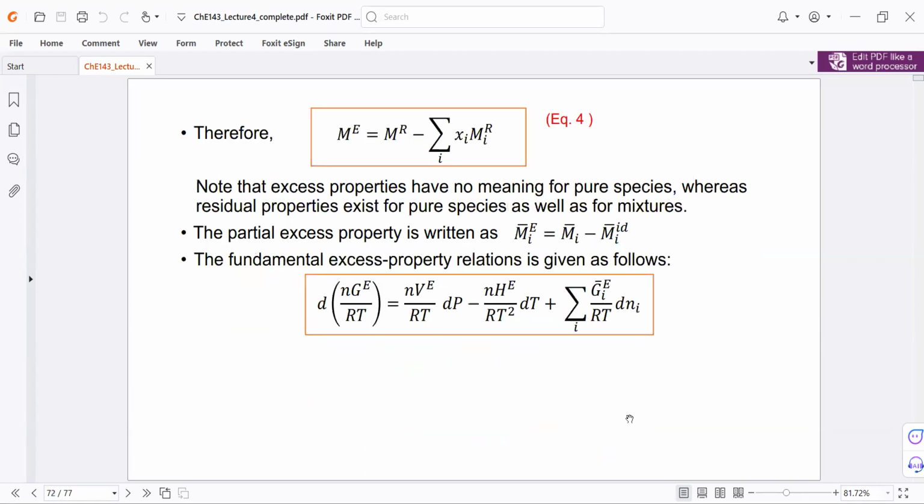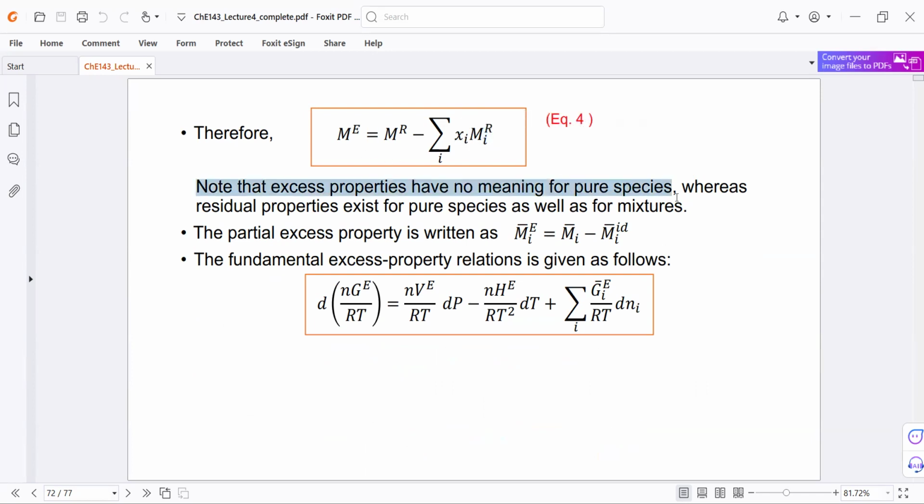Therefore, the excess property is just equal to the residual property minus the summation of the mole fraction multiplied by the residual property of each species i. Okay?